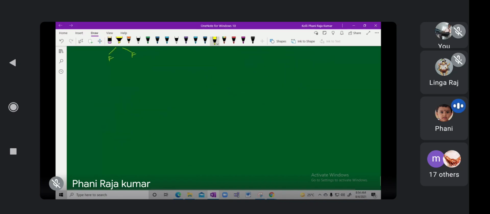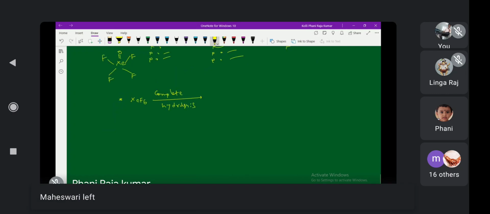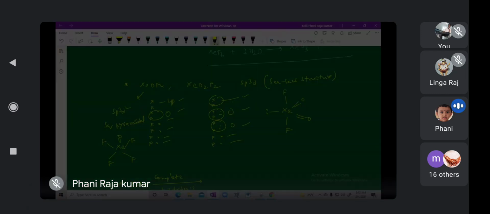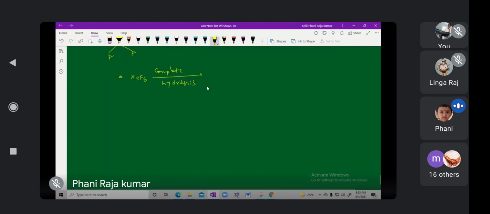Next, one more point we have. XeF6 complete hydrolysis. XeF6 on complete hydrolysis gives XeO3 compound.